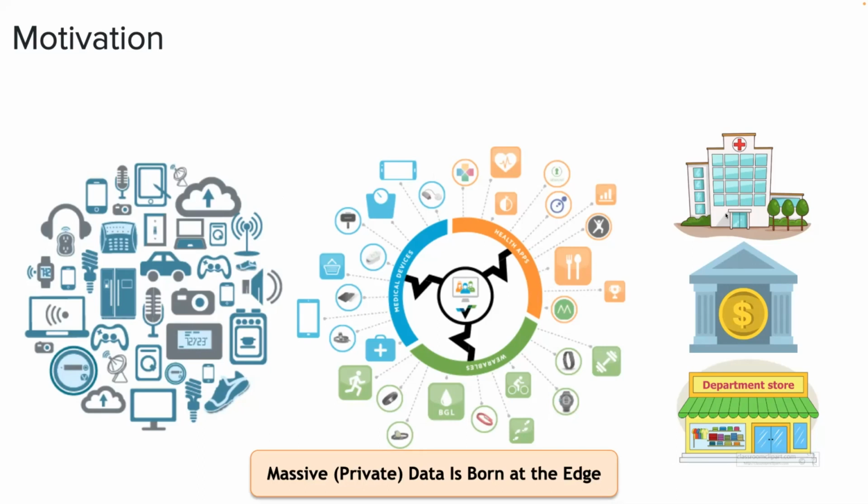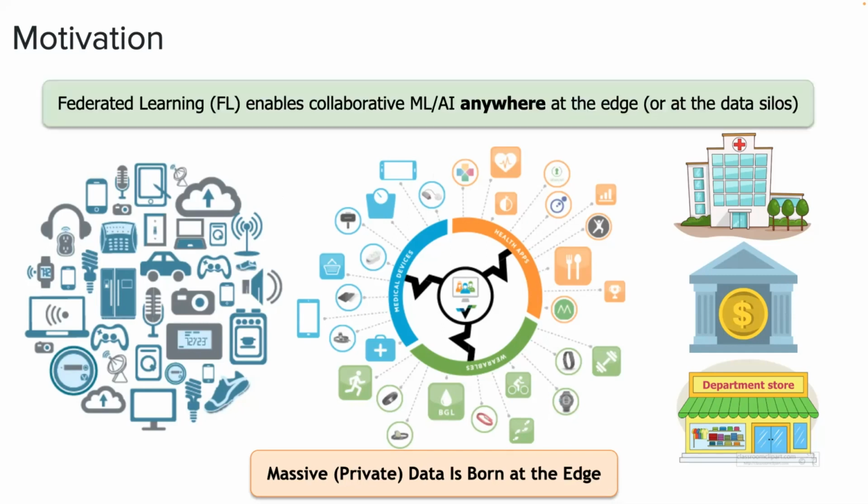For example, the data at different hospitals, banks, department stores, a lot of data. The main goal of federated learning is to enable collaborative learning at the edge of the network without the need to move or share any data. So it's kind of learning without sharing.